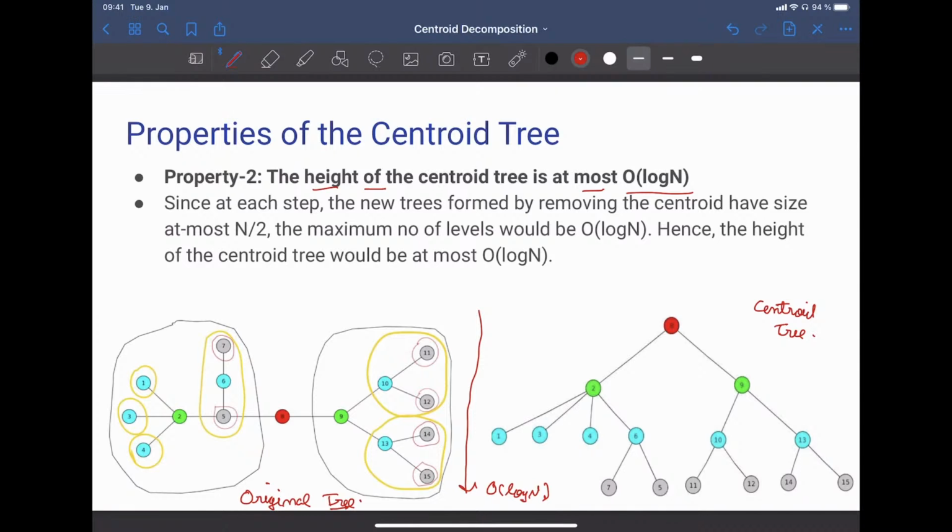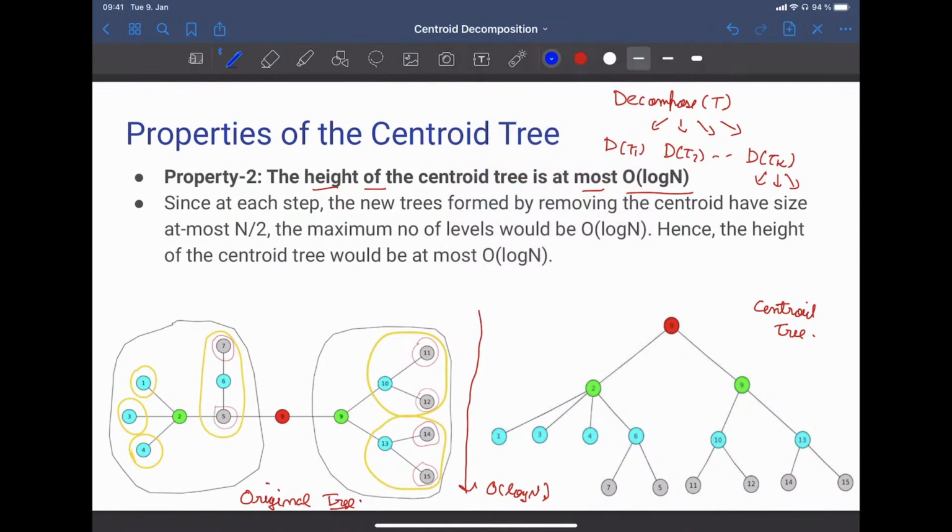So what exactly are you doing? You are calling decompose on a given tree, find the centroid, recursively call decompose on the subtrees. So decompose T1, decompose T2, and so on, decompose TK. These are subtrees of the original tree. And you keep doing this.